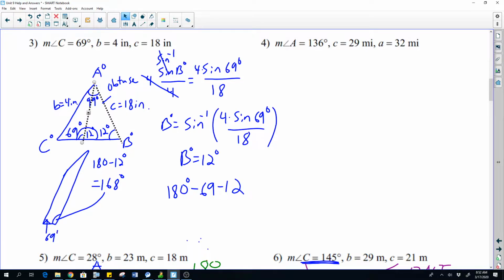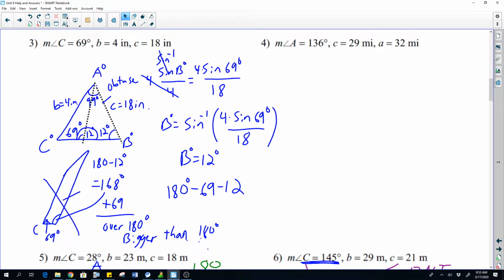They gave us 69 degrees, and the problem is now 168 plus 69 degrees is well over 180, which is bigger than a triangle. Make sense? Could probably make a postulate at this point. So it's bigger than a 180 degree triangle.